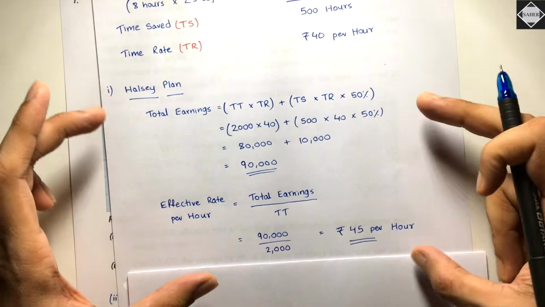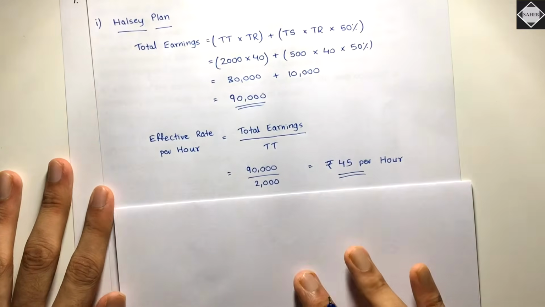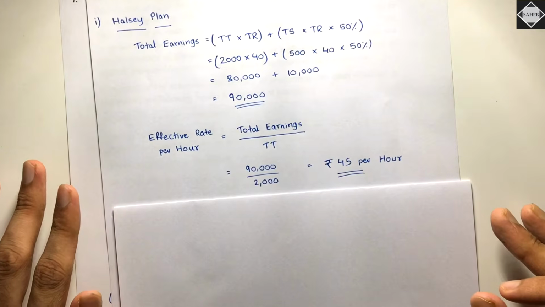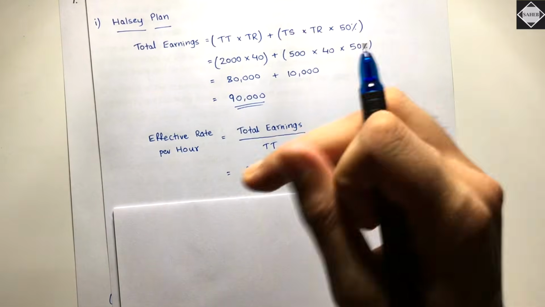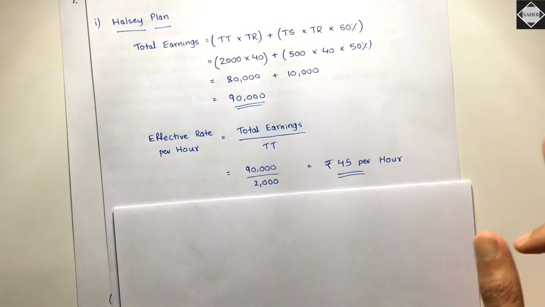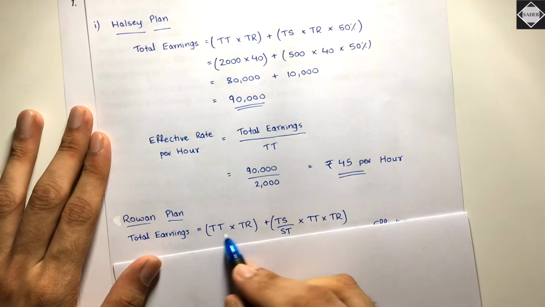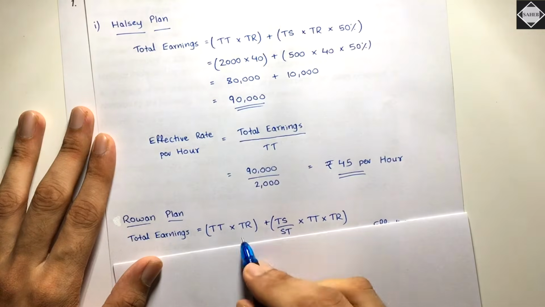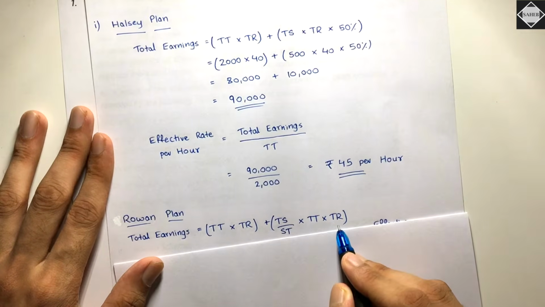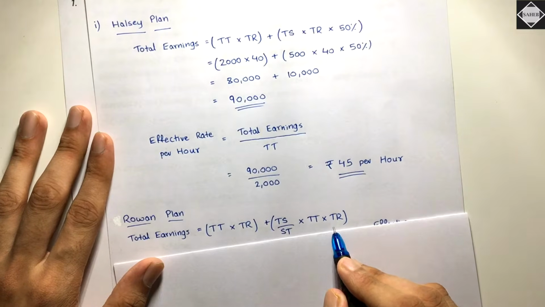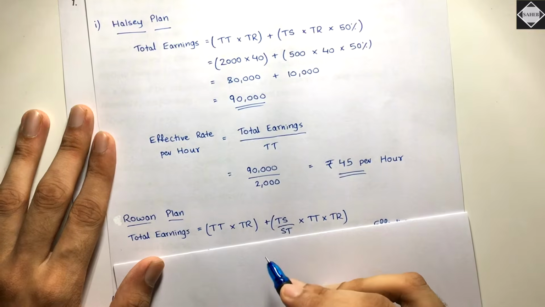Now you have to repeat this with the Rowan formula. It's really simple. What's the Rowan formula? Do you remember? TT into TR plus TS divided by ST and then TT into TR. The same basic thing, plus time saved over standard time, into TT into TR.